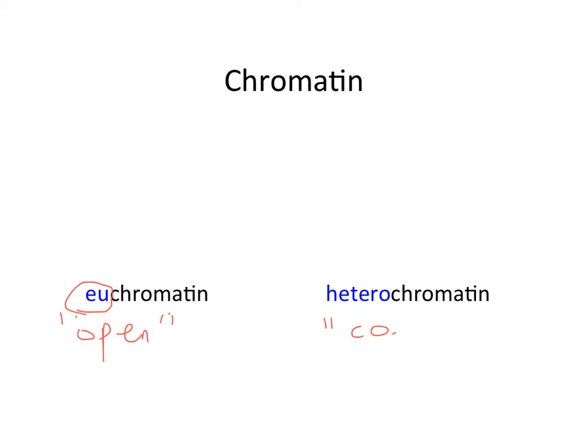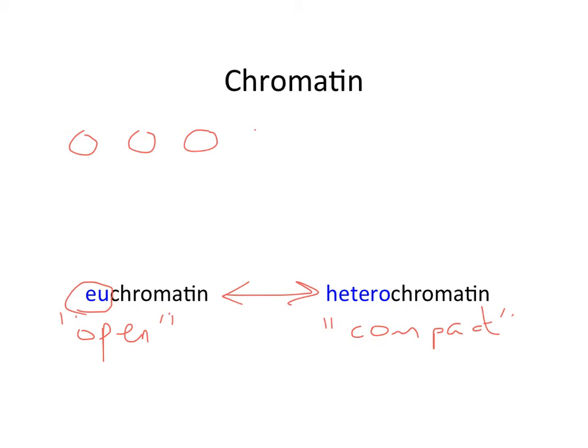Heterochromatin is commonly referred to as more compact. So there's a continuum in the cell, and different chromosomes could have different chromatin states. Different parts of different chromosomes can be euchromatin, and other parts of the same chromosome could be heterochromatin at the same time. And you might think about it like this.